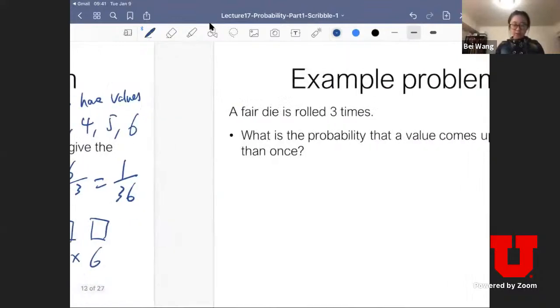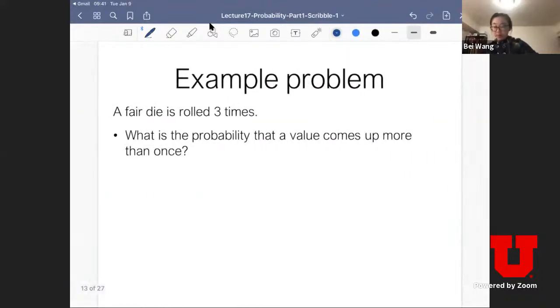Now, for the second question, what is the probability that a value comes up more than once? Okay, so this is actually a little bit tricky to do. Essentially, you have to break down the cases. When a value comes up more than once, what are the scenarios? So I'm going to use the green to think about possible scenarios or possible cases.